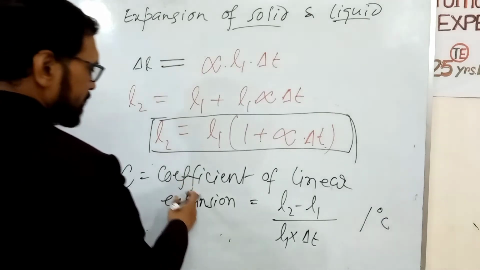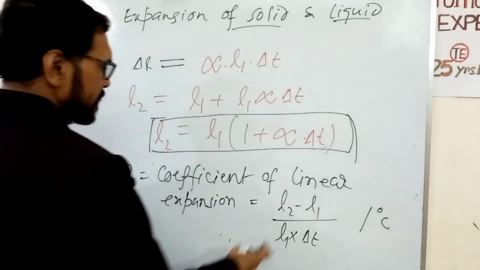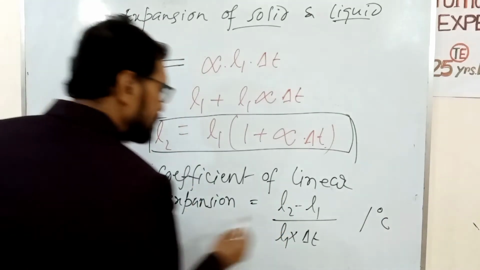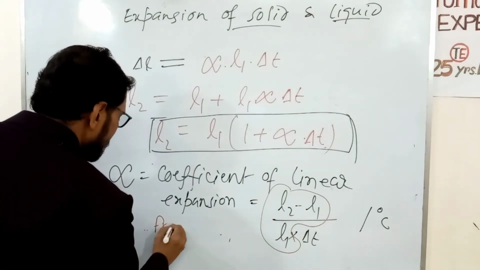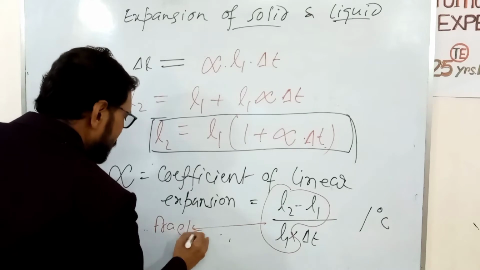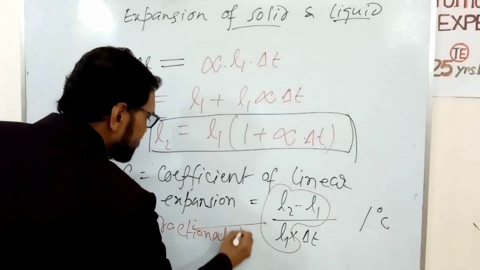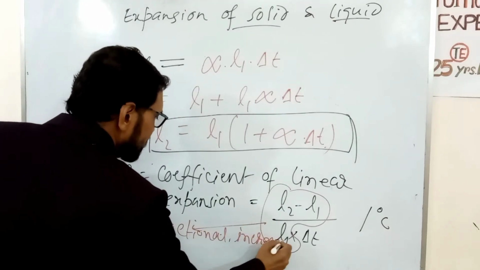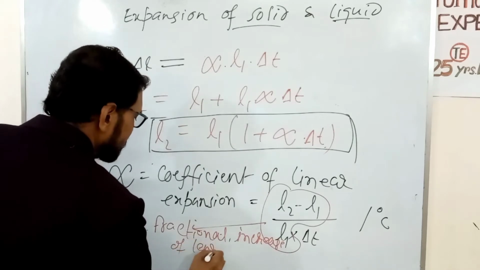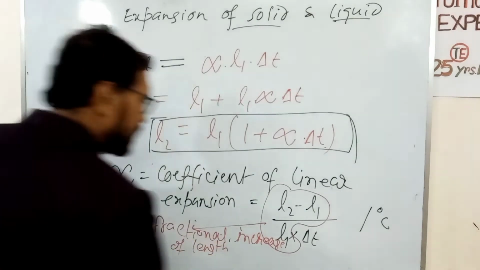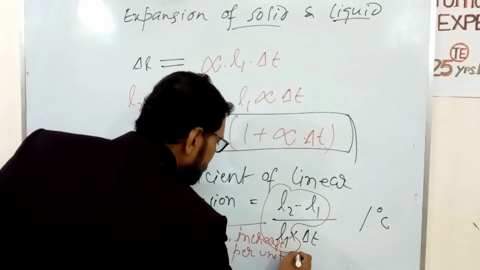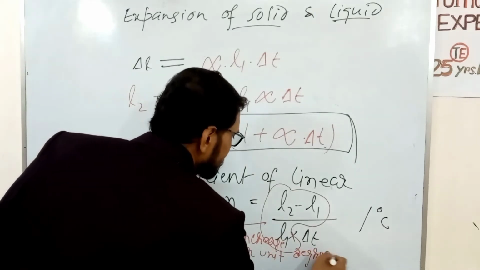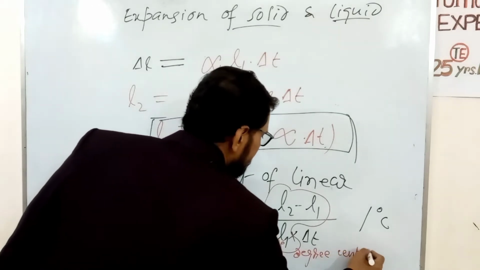So alpha is defined as the fractional increase of length per unit degree centigrade rise.